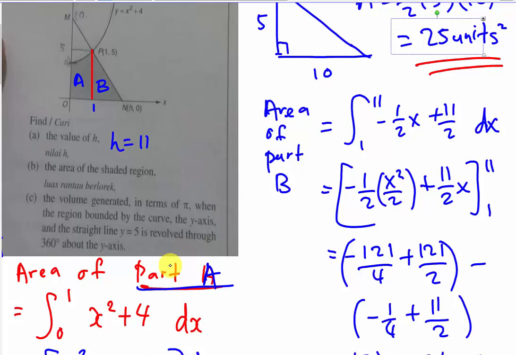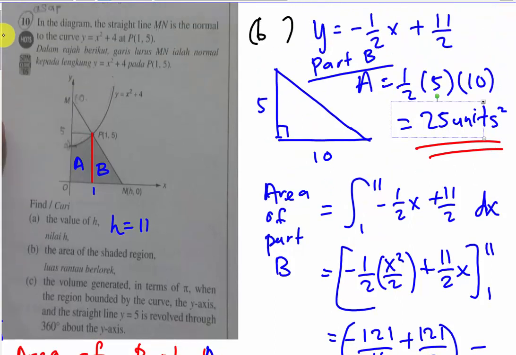You can do it separately also, but make sure you indicate what is part A and where is part B. If you do not want to use A and B, you just do it all together. Means you say area of the shaded region equals integrate from 0 to 1 for x squared plus 4 plus you integrate from 1 to 11 for this straight line.